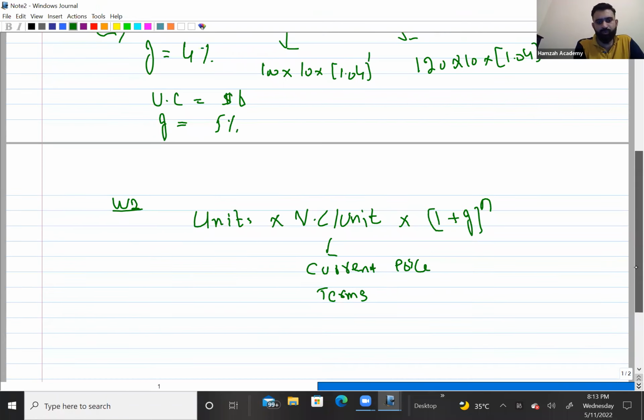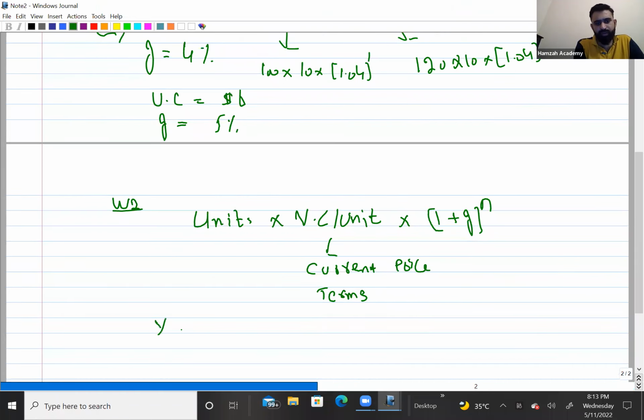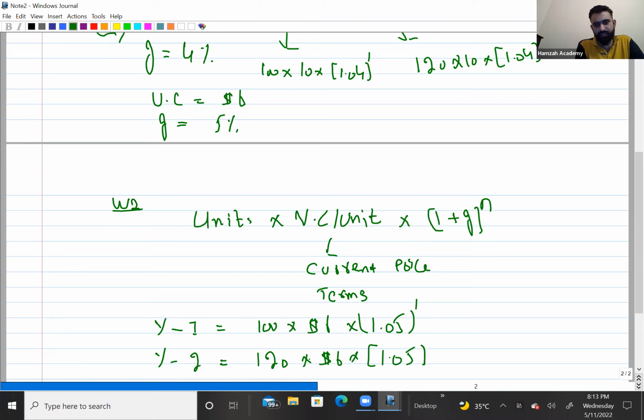So for year 1, the variable cost will be equal to 100 into $6 into 1.05 raised to power 1. For year 2, 120 into $6 into 1.05 raised to power 2, and so on. So this is how we will determine the variable cost.